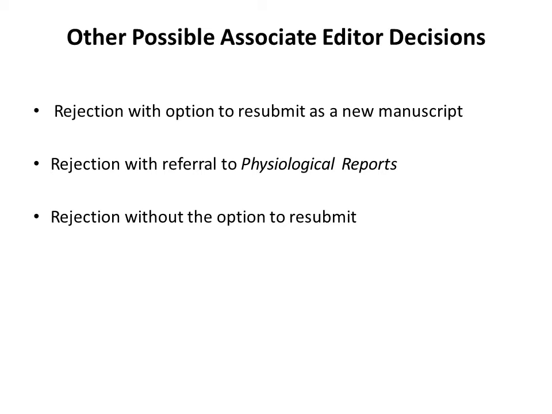If the authors agree to refer the paper to Physiological Reports, the reviews will accompany that paper, and the editorial staff of Physiological Reports will decide whether that paper should be published in their journal. Then finally, there may be a rejection without the option to resubmit. That is, under no circumstances is the journal interested in seeing another version of this paper.